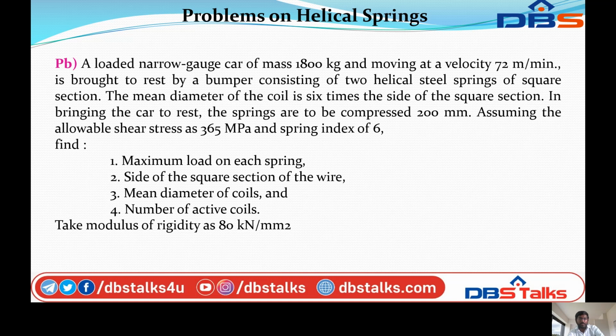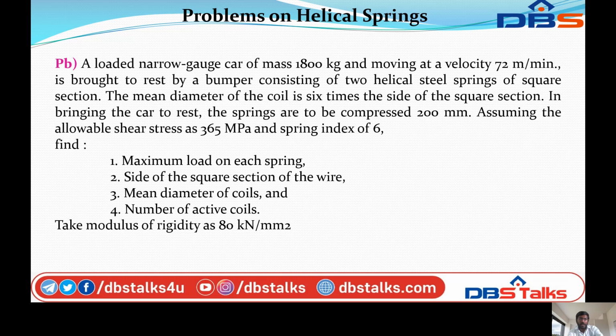Next, problems on helical springs. A loaded narrow gauge car of mass 1800 kg, moving at a velocity of 72 meters per minute, is brought to rest by a bumper consisting of two helical steel springs of square section.